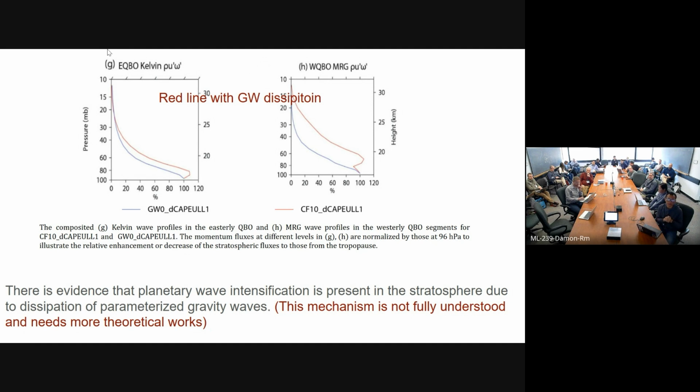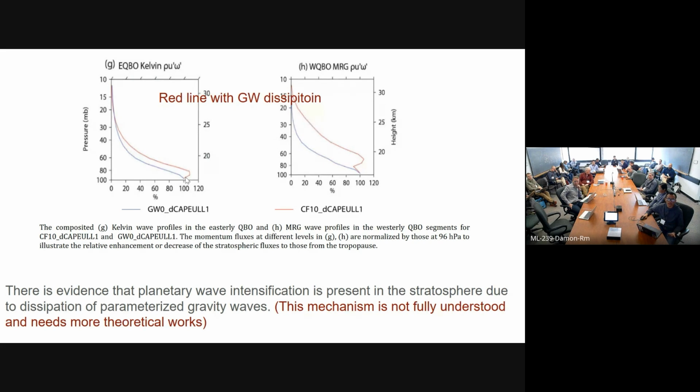We calculate the momentum flux, which is rho u prime omega prime, and we separate different waves like Kelvin wave and MRG wave, and we calculate the relative enhancement of the Kelvin wave in the stratosphere compared to its input from the tropopause.